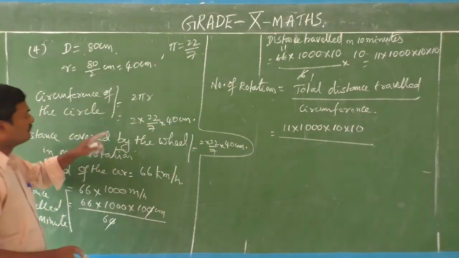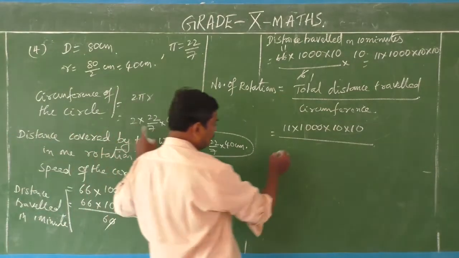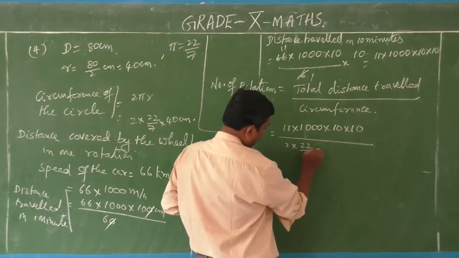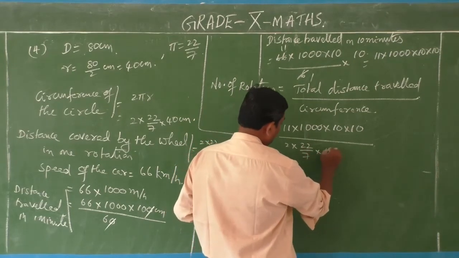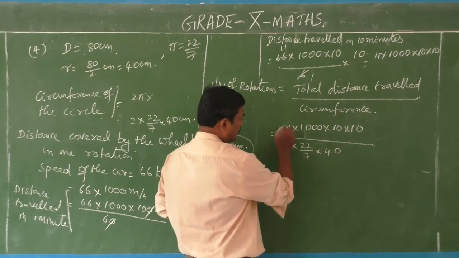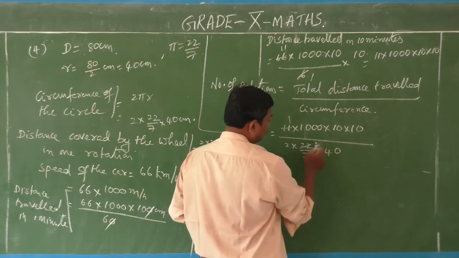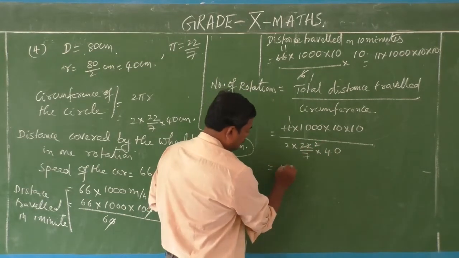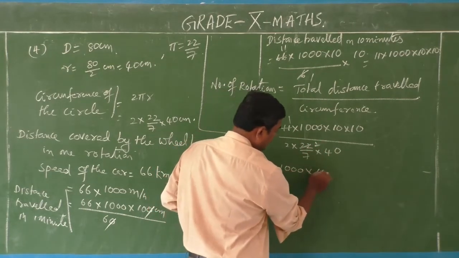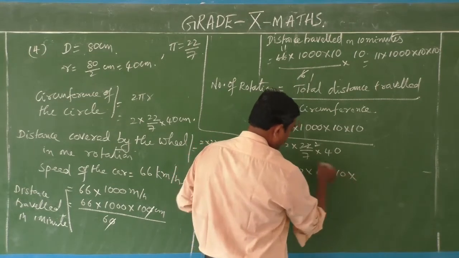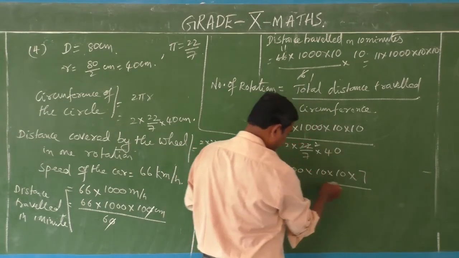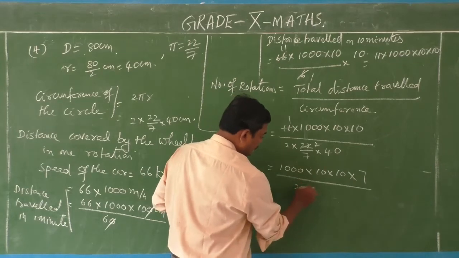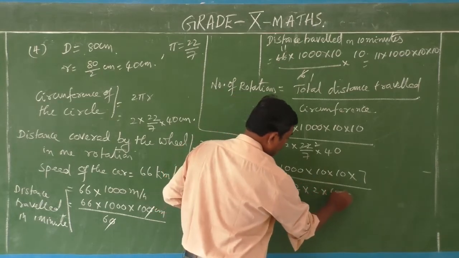What is the circumference? For one circumference, 2 into 22 by 7 into 40. Now 11 ones are 11, 11 twos are 22. Now 1000 into 10 into 10 into 7, taking out 7, by 2 into 40.